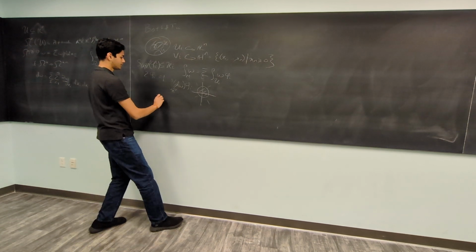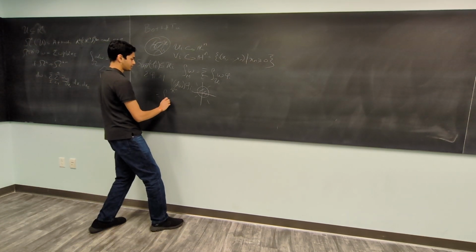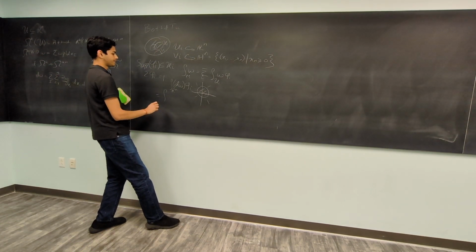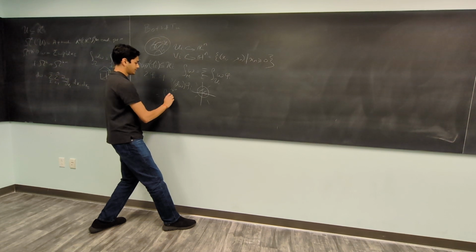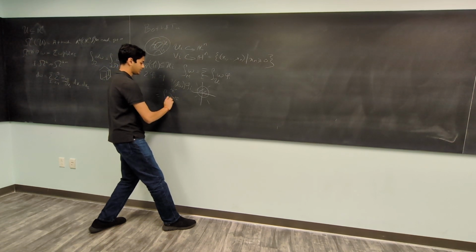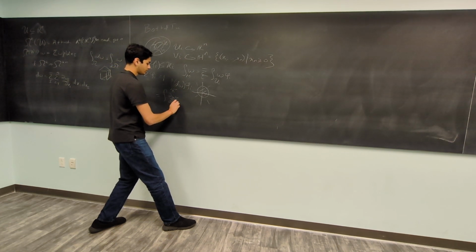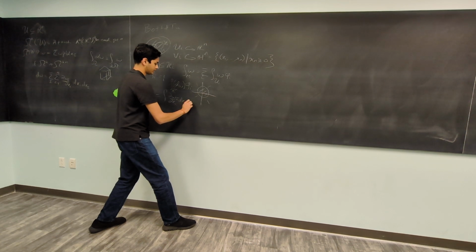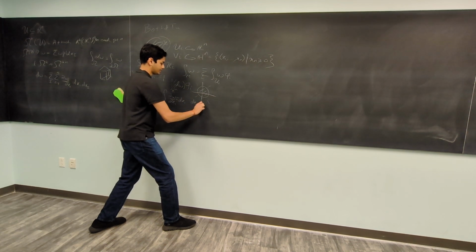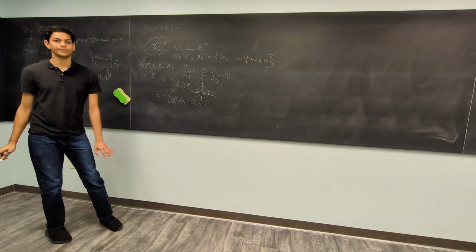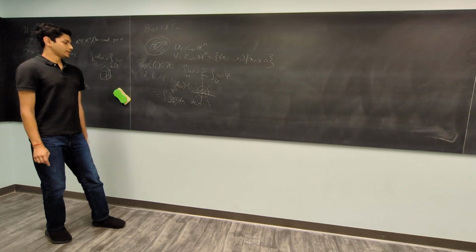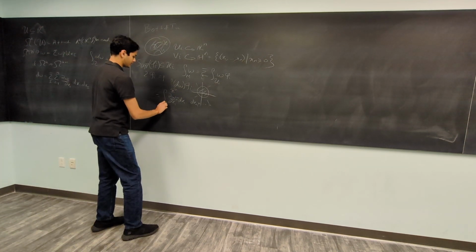So this will look like a bunch of things, like the integral of partial omega i by partial x1, dx1 up to dxn, plus a bunch of other things that look like this. So you're integrating this over Rn.